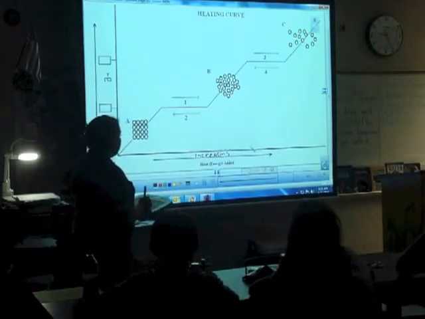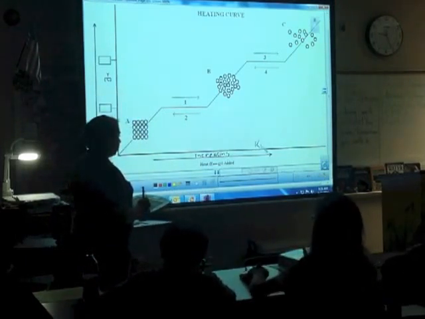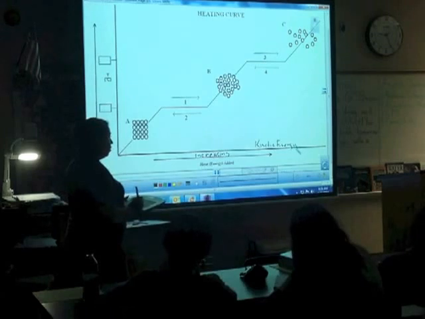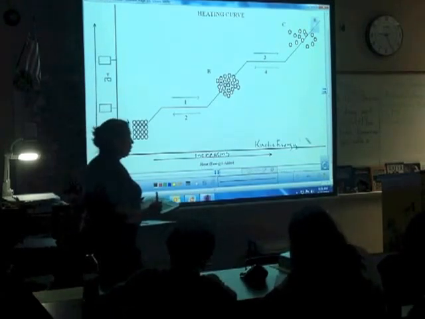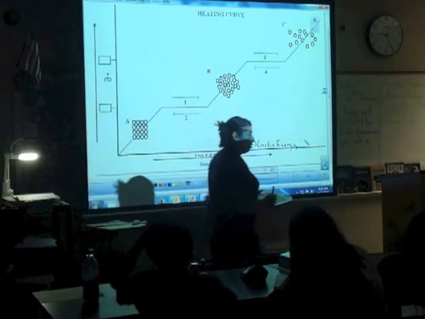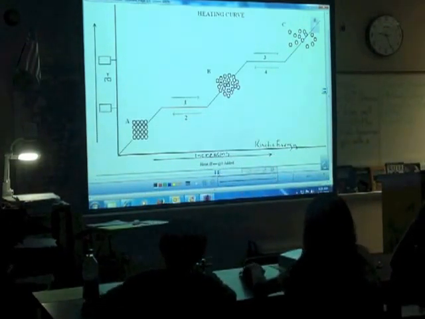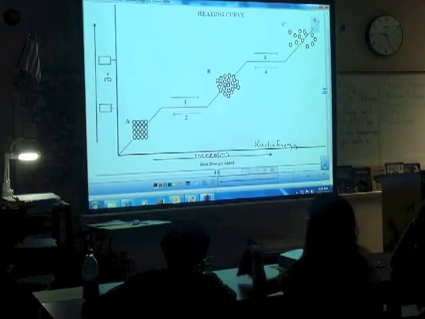Kinetic, very good. So kinetic energy is increasing from left to right. What's happening to potential energy? It's decreasing, because potential is always the inverse or opposite of kinetic.